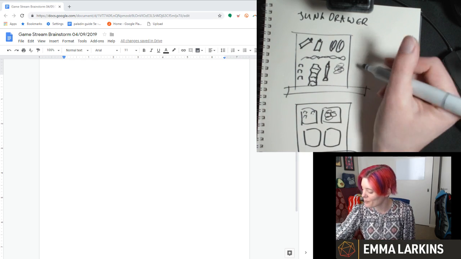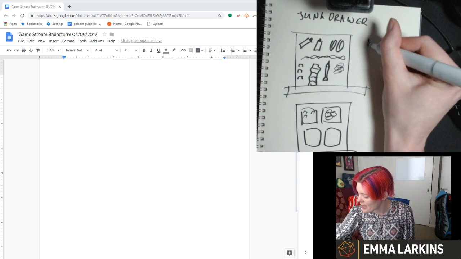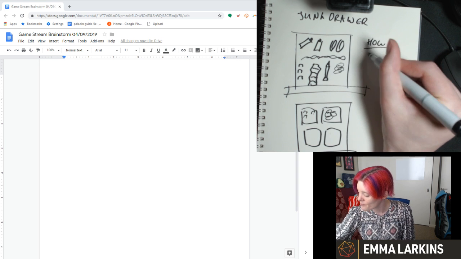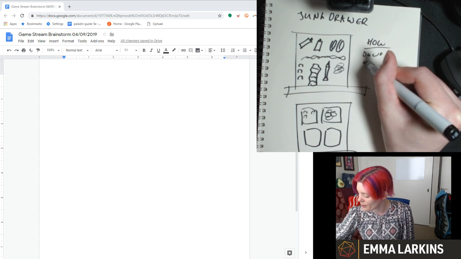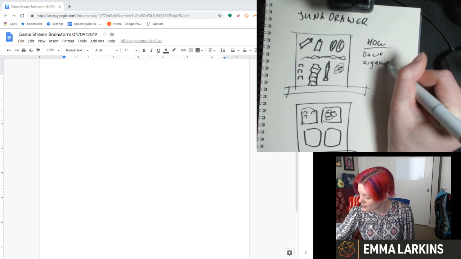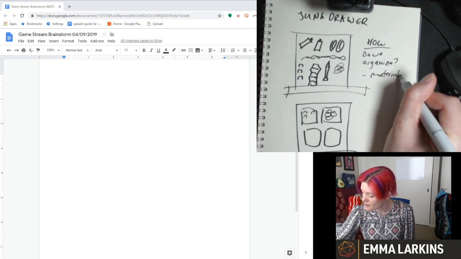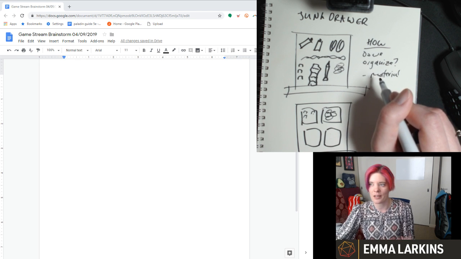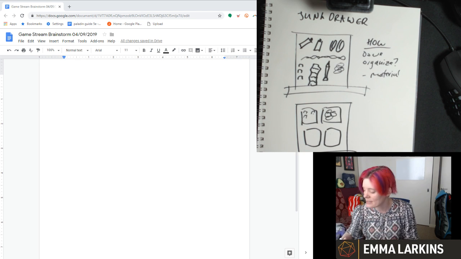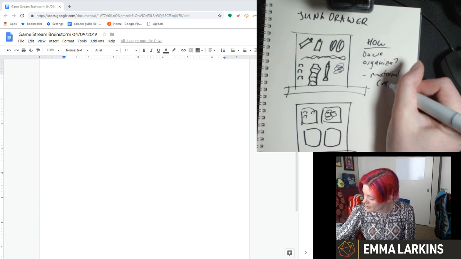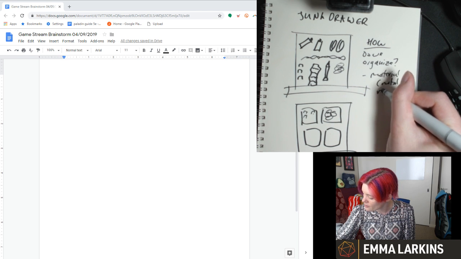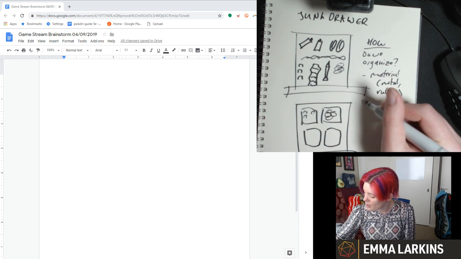Again, coming up with things just as we're talking here. How do we organize? You can organize by material. You know, put metal things in one, rubber stringy things in one, paper in another, metal. Organized by use.